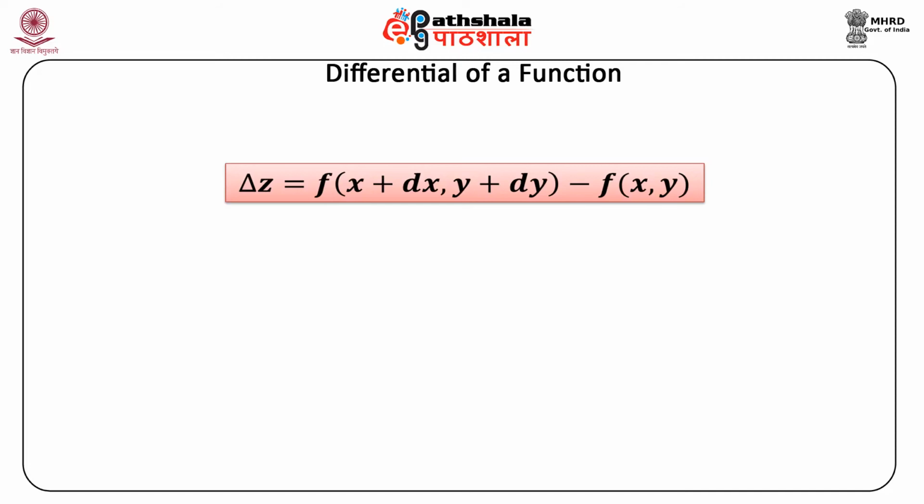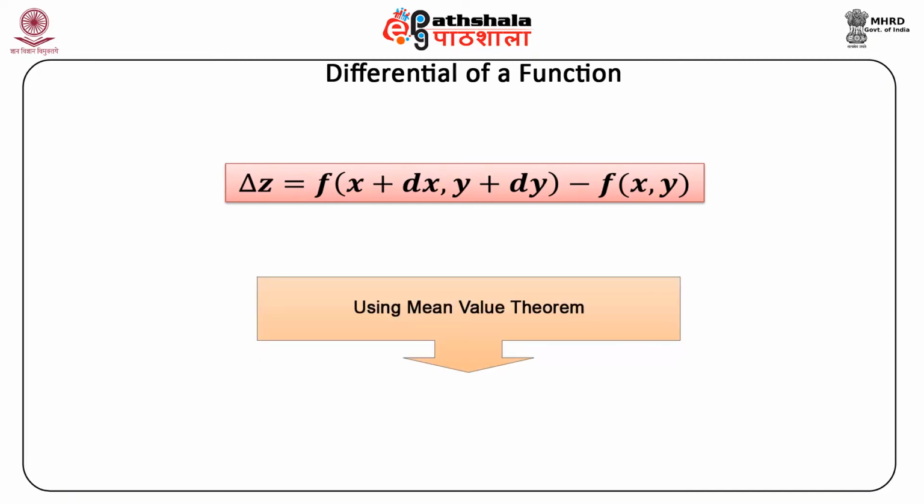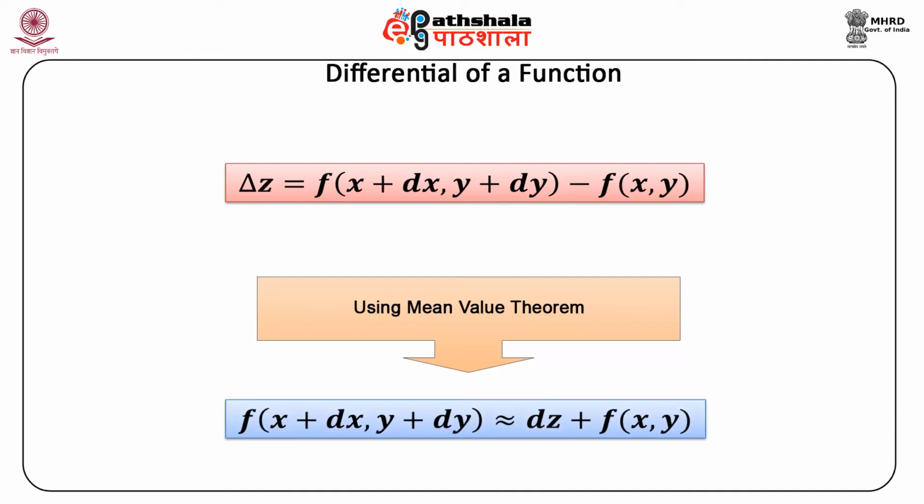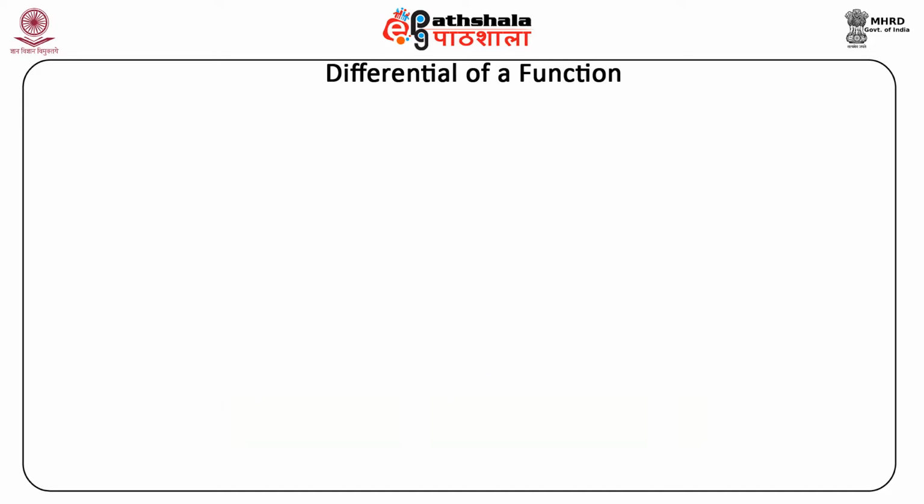It can be shown with the help of the mean value theorem that if dx and dy are very small, then the differential of z, that is dz, is equal to delta z. This implies f of x plus dx comma y plus dy is equal to dz plus f of x comma y. This formula can be used to find the change in the value of a function when x and y change by small amounts. Let us take an example.